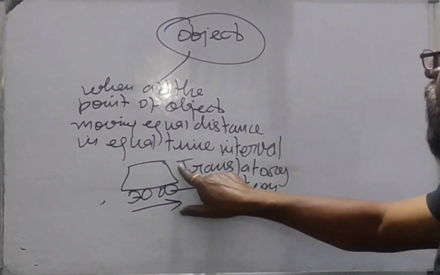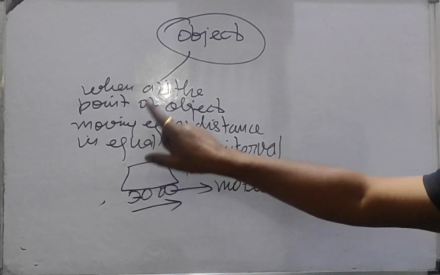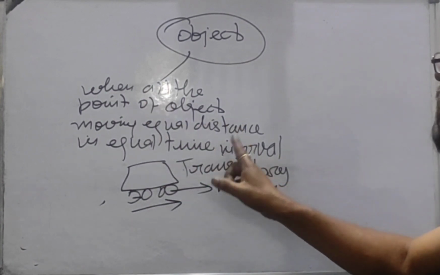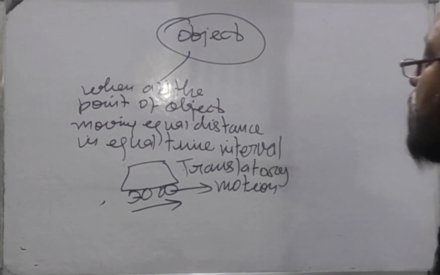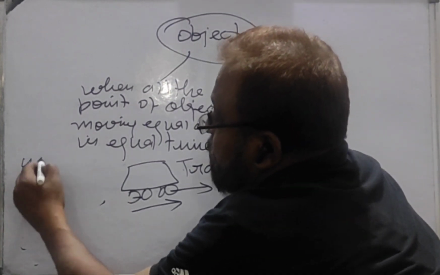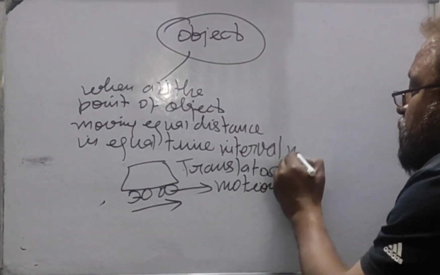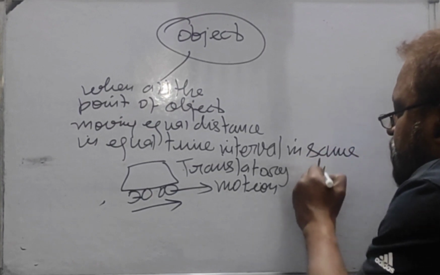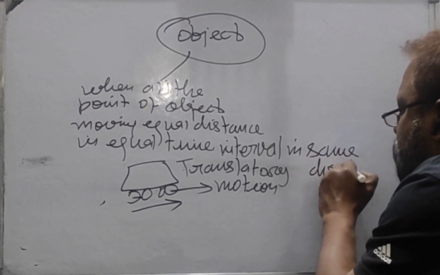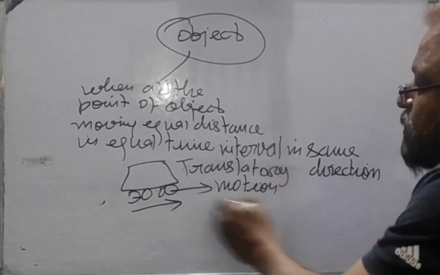When all the points of an object are moving equal distance in equal time interval in same direction, right? Then it is called translatory motion.